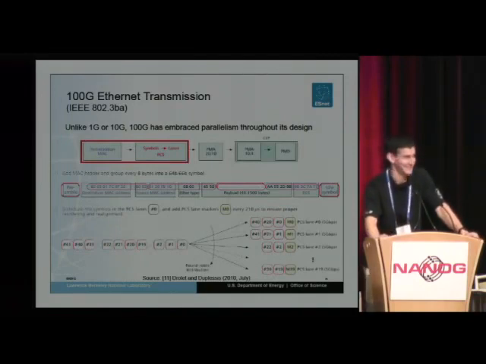Okay, so that's the rundown on the 100 gig over the WAN, and now moving into a bit about 100 gig Ethernet transmission. I threw this diagram in here because I like the way it depicts how the packetization works with 100 gig Ethernet, because it's quite a bit different.